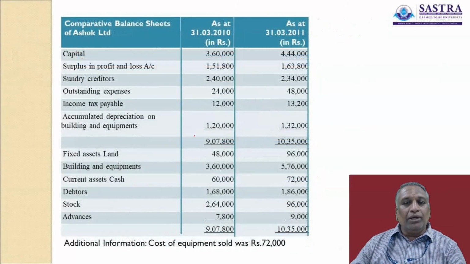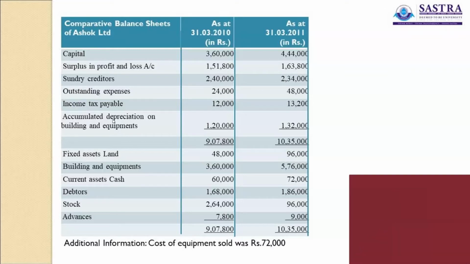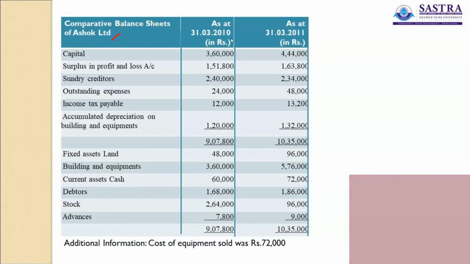Okay. So by looking at the balance sheet, you can understand the liabilities and the assets of the firm. From the comparative balance sheets of Ashok Limited for the period ending 31st March 2010 to 2011, one can understand that the capital position has increased. Correspondingly, their profit also has increased, and their investment in fixed assets like land, building, and equipment has also increased.